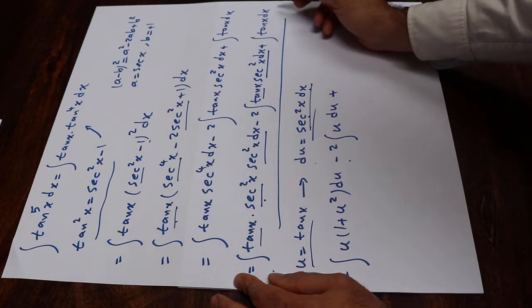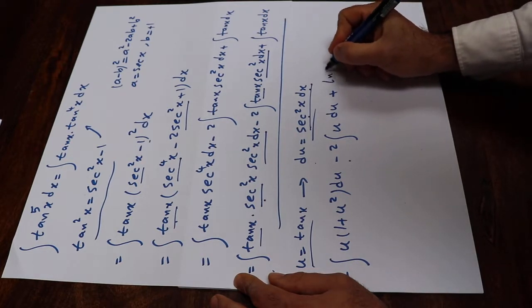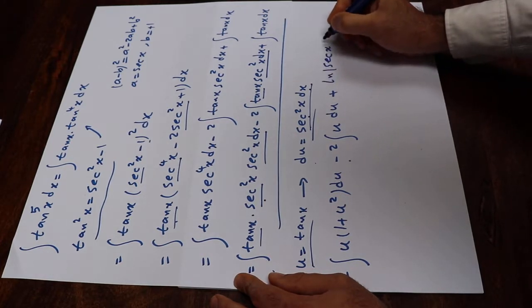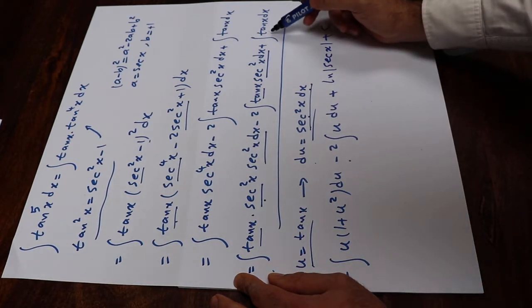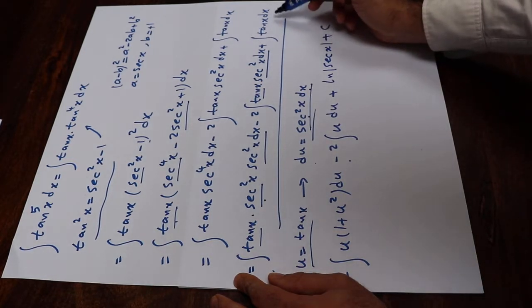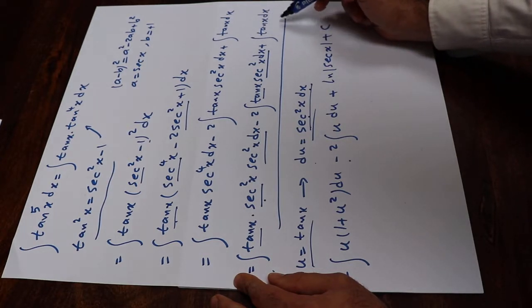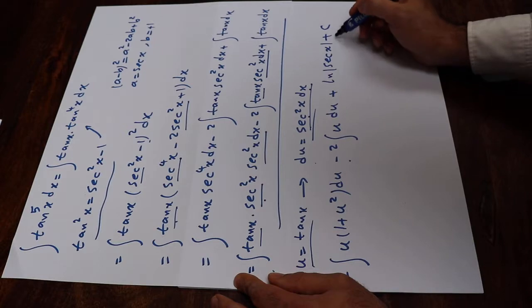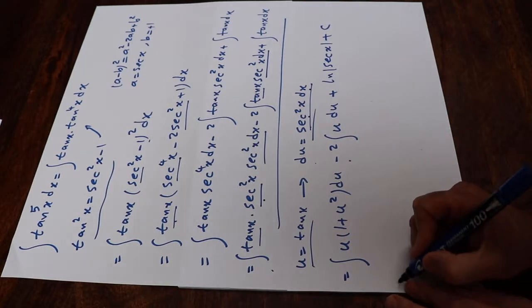We know this from the table of integrals: the integral is equal to ln secant x plus c, which is the constant of integration. I had actually solved this integral of tangent x dx on my channel, so if you're not sure how to calculate it, look into the corresponding video and you will learn how to do that.